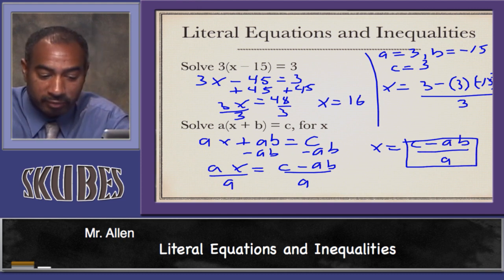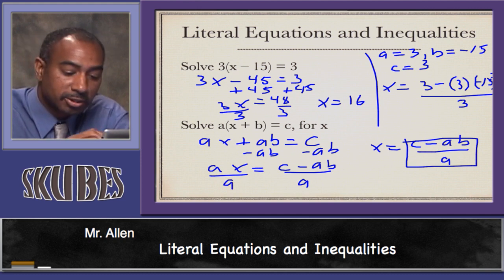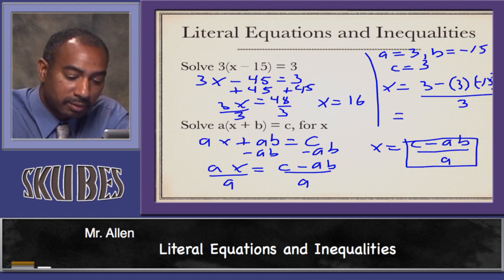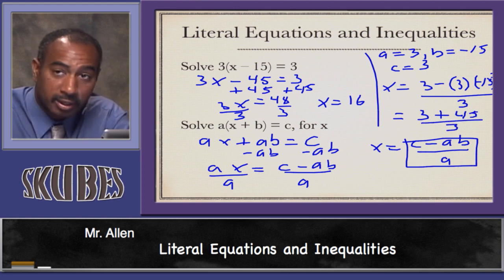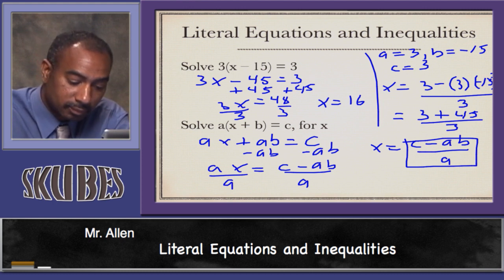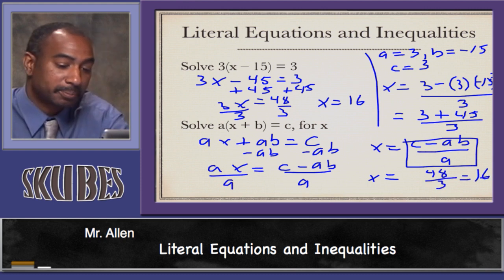And look, when you have a negative and negative, that changes to addition. So I have 3 plus, and 3 times 15 is 45 over 3. 3 plus 45 is 48. So again, you're going to have x equals 48 divided by 3, which is 16, which matches there.